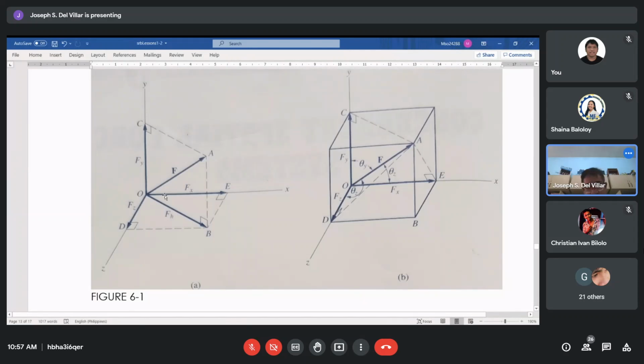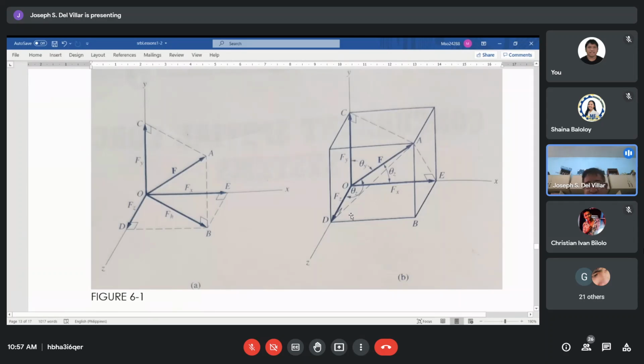Now take note that you see here in figure A, it appears that F is located along the XY plane. If you look at it, it seems like the XY plane, but it's not. So to further visualize this, let's put this inside the box.